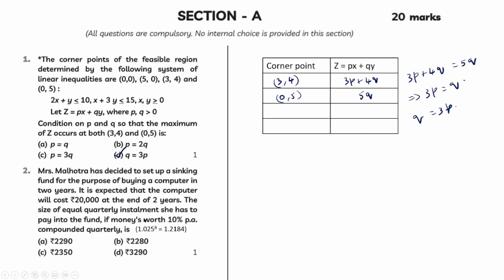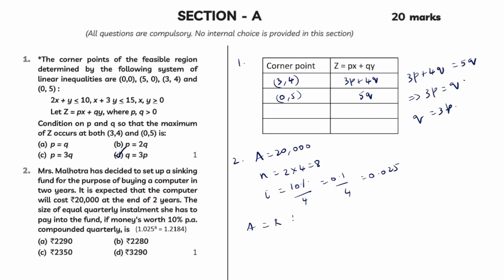So this is a sinking fund question. The amount to be accumulated in the sinking fund is 20,000. The payment has to be made at the end of every quarter, so n is 2 into 4, which is 8. The rate per period is 10% upon 4, or 0.1 by 4, which is 0.025.